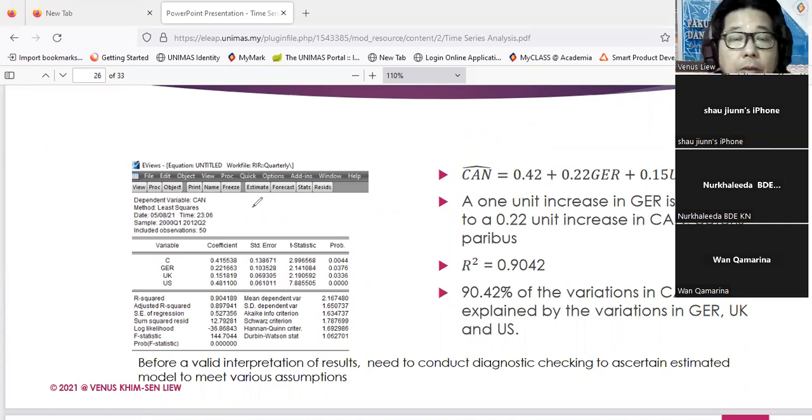If your paper has enough space, you may take 3 decimal places. Otherwise, you may take 2 decimal places, consistently throughout the paper. So let's say 2 decimal places. Germany, a coefficient 0.22, another one 0.15, that one 0.48. Any questions there, class?